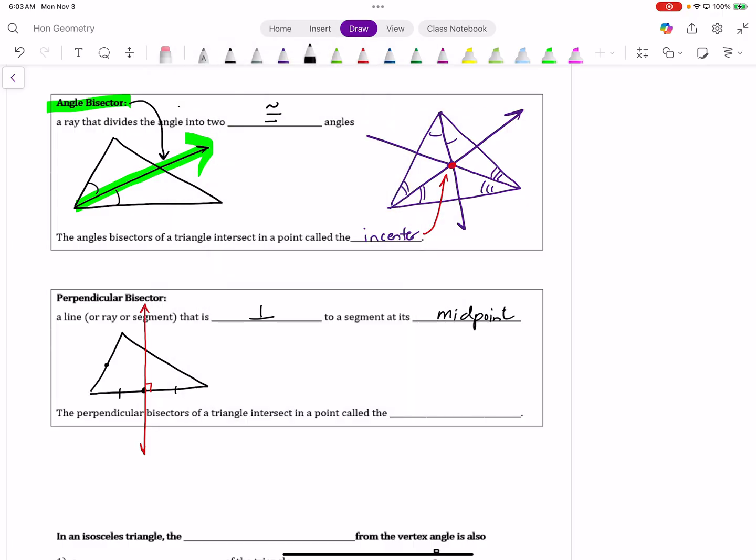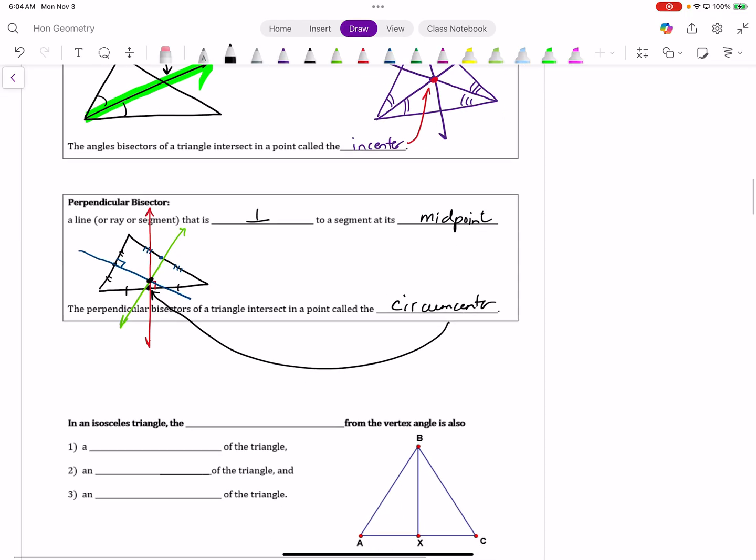We come back, we find the midpoint over here. This would be a perpendicular bisector. We find the midpoint over here. And this would be a perpendicular bisector. And they all cross at one point. And that point is called the circumcenter. Right there. And it does not have to be inside the triangle. It can totally be on the outside of the triangle.